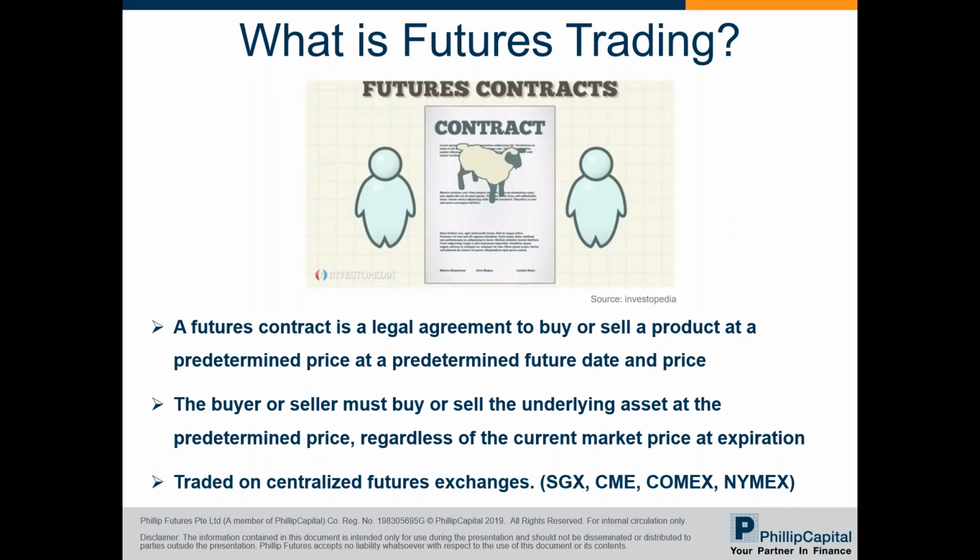So companies would lock in a price to protect themselves from the price movements, therefore transferring their risks or rewards to the investors or speculators. The futures contracts are traded on a centralized futures exchange such as SGX, CME, COMEX, or NYMEX.